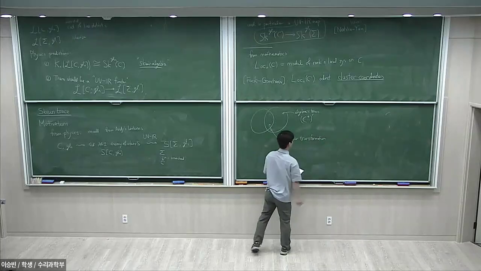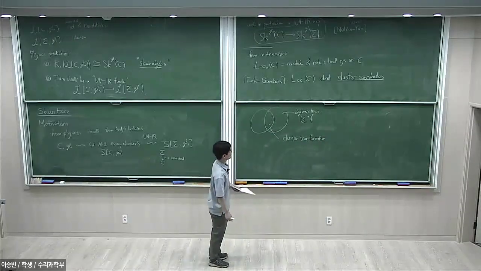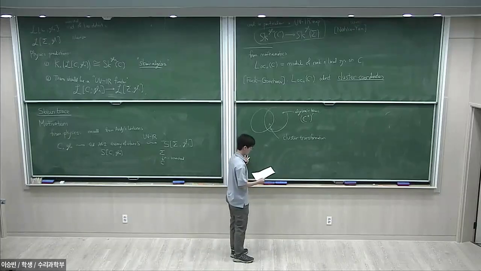Very specific kinds of birational maps between these algebraic tori.